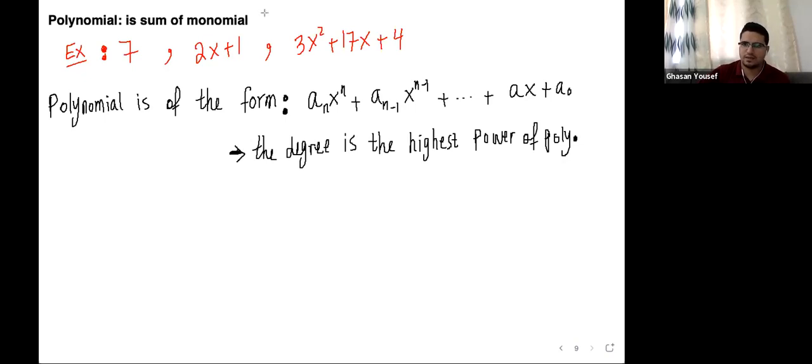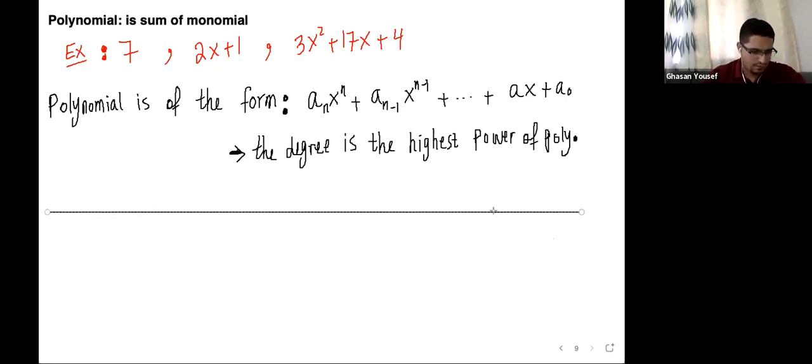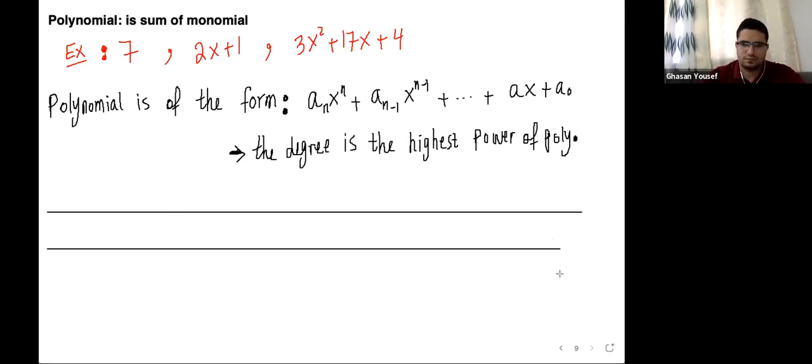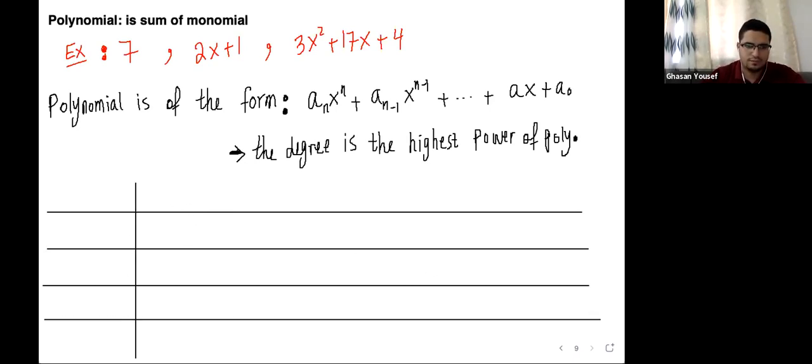So the website has this question. This one. Hold on one second. This one here. 1, 2, 3. Here I have the polynomial, the type of this polynomial, the terms, and also the degree.